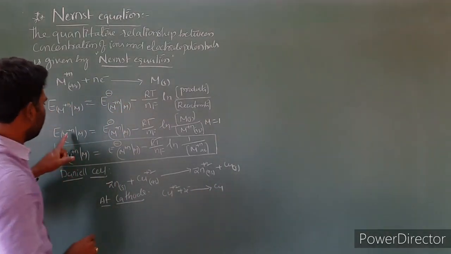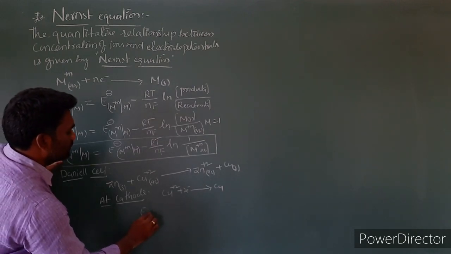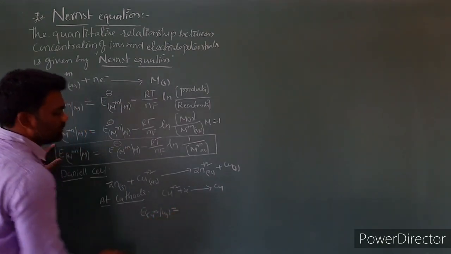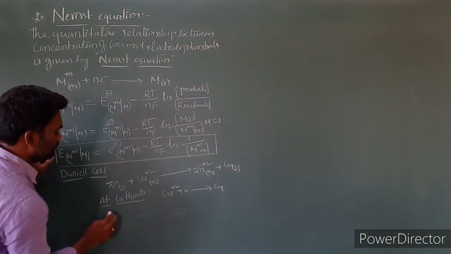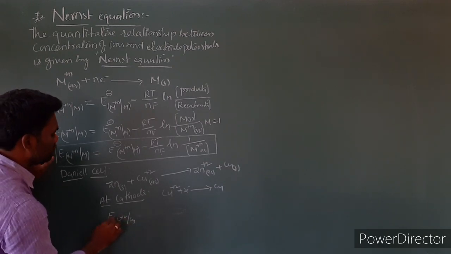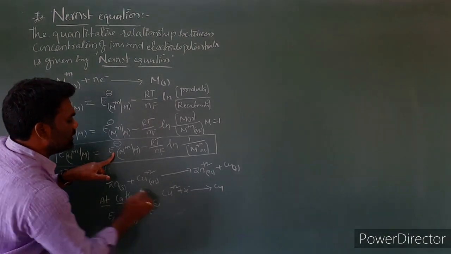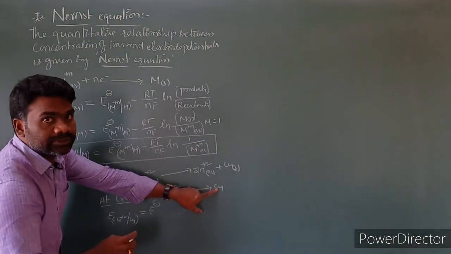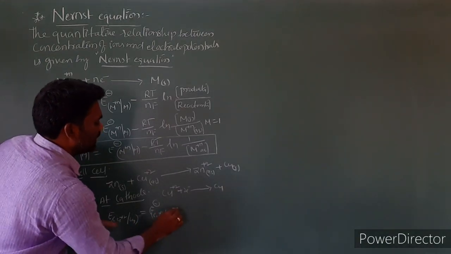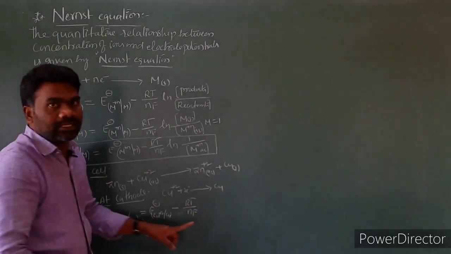In this case we have to write this equation: E of Cu plus 2 by Cu is equal to E standard of Cu plus 2 to Cu minus RT by NF.